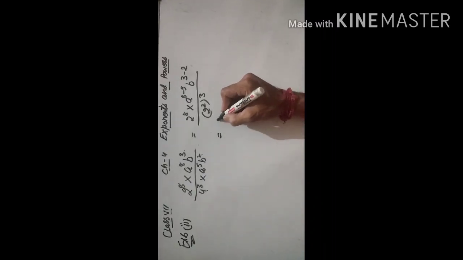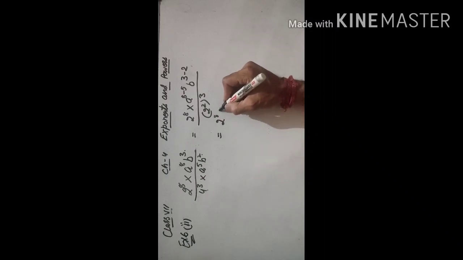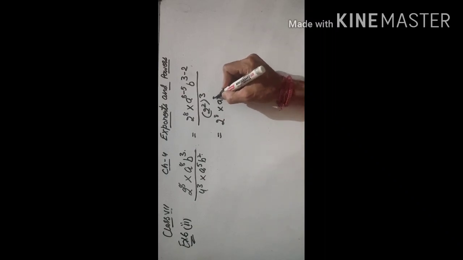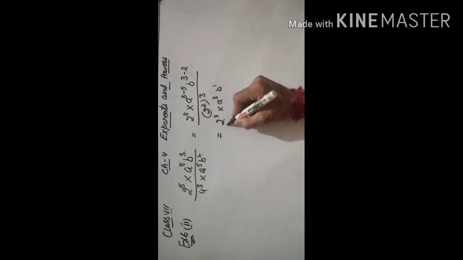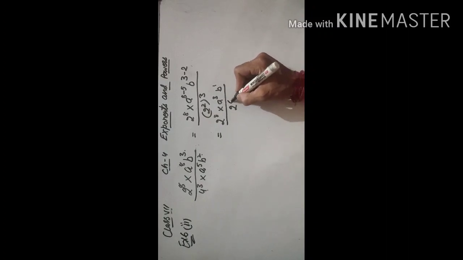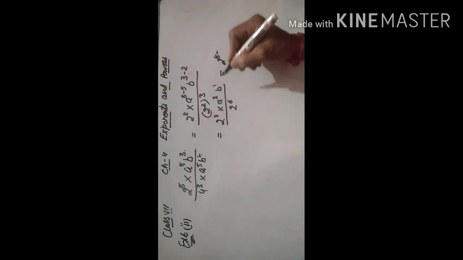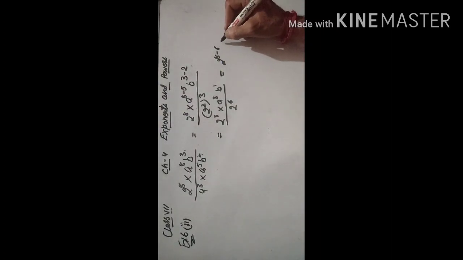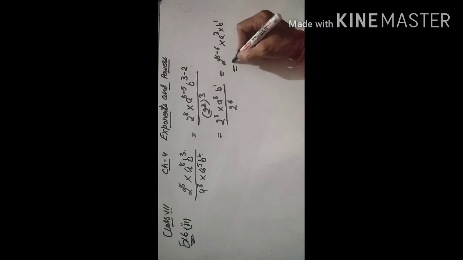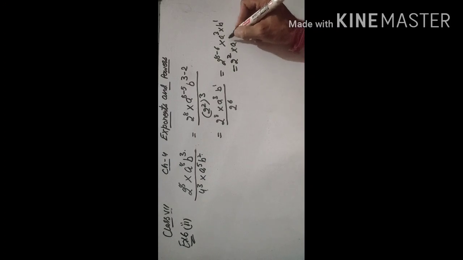That is further equal to 2 to the power 8 into a to the power 3 b to the power 1 upon 2 to the power 6. Now 2 to the power 8 minus 6, that is 2 to the power 2 into a to the power 3 into b to the power 1.